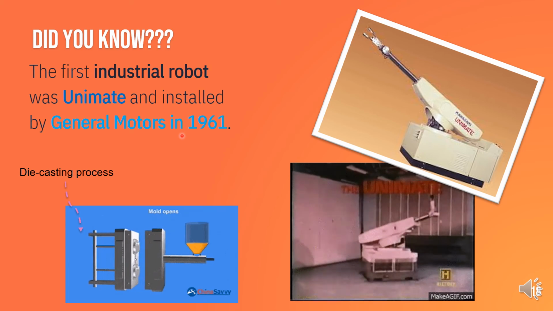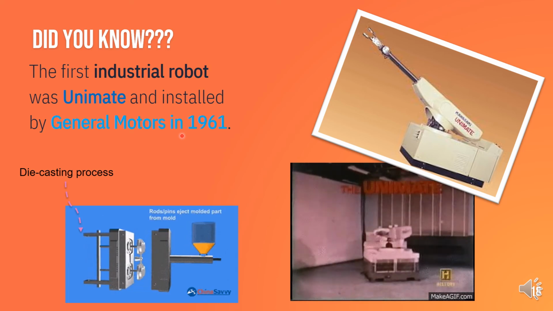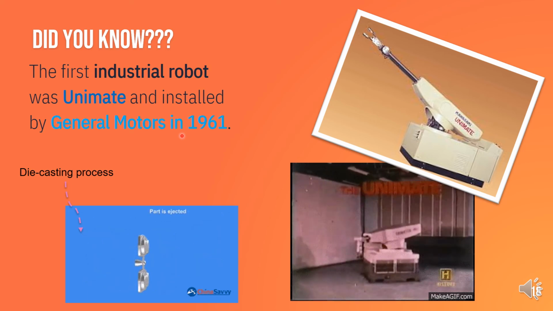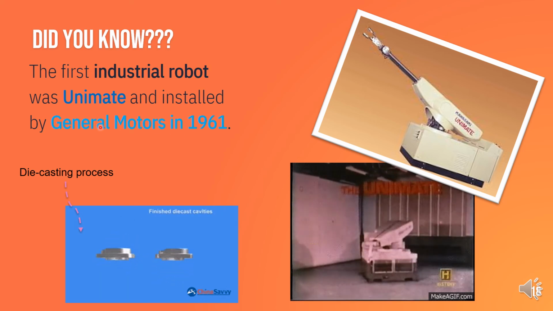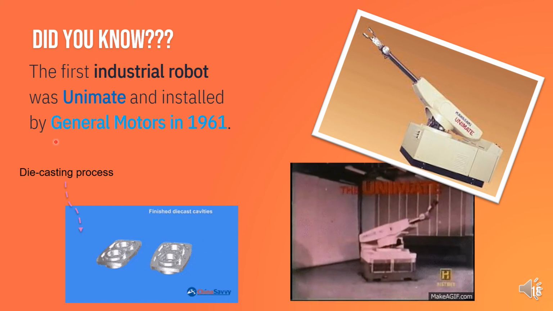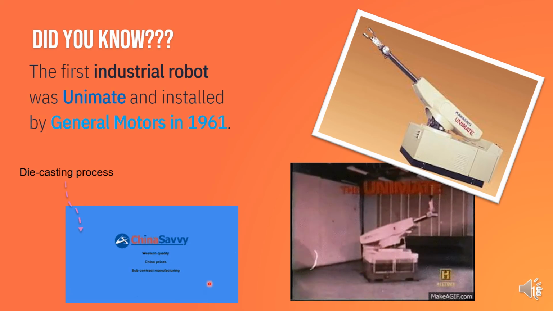In 1961, the Unimate 1900 series became the first mass-produced robotic arm for factory automation. In a very short period of time, approximately 450 Unimate robotic arms were employed in the die casting process.